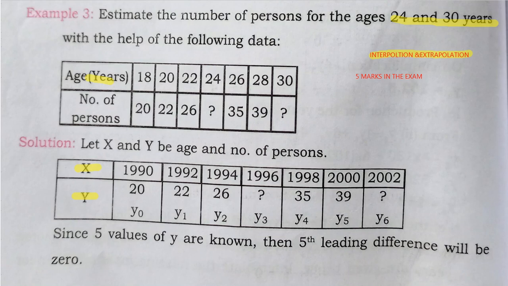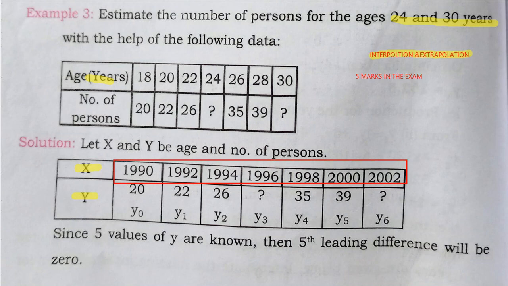Now we will solve the problem. Here, students, they have given wrong information. In the textbook also they have given 1990, 1992, 94, 96, 98, 2000 and 2002.